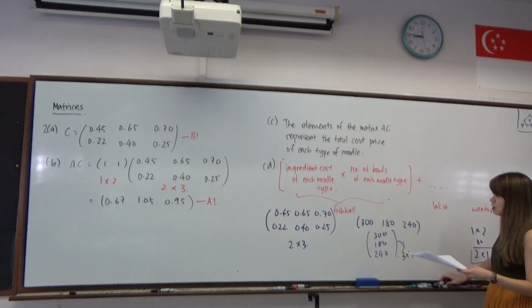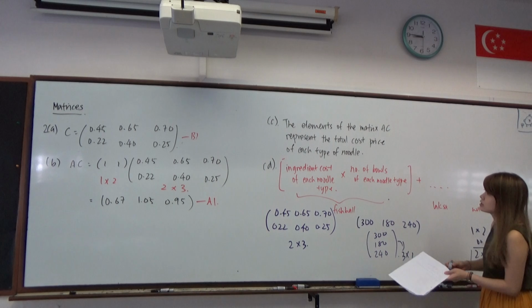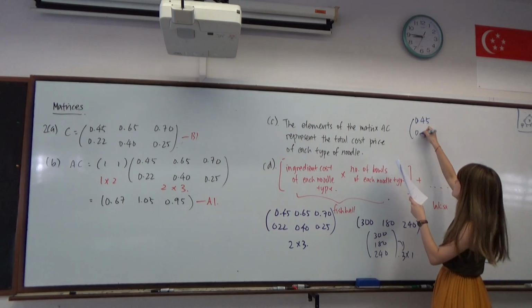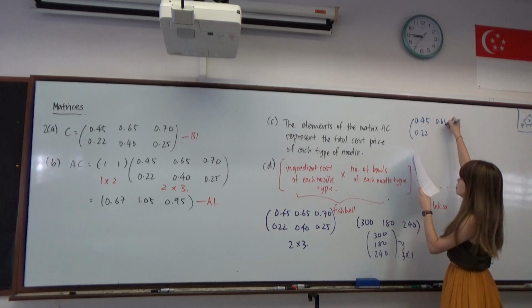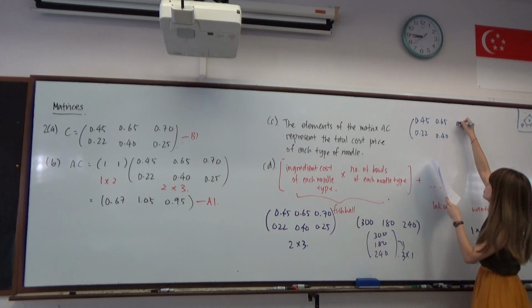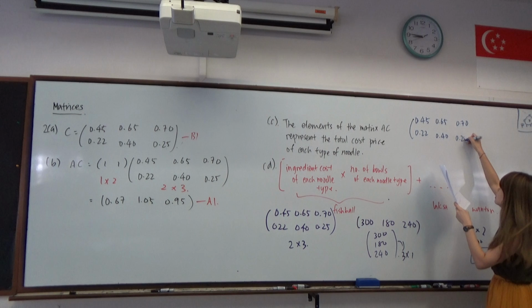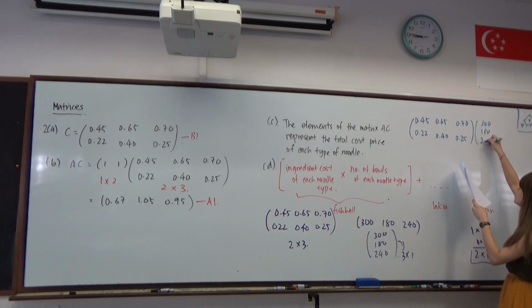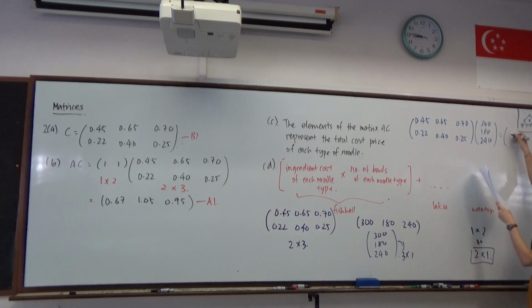So therefore, to do this question, you will take matrix C, multiply with the number of bowls, and you will get 420, 198.